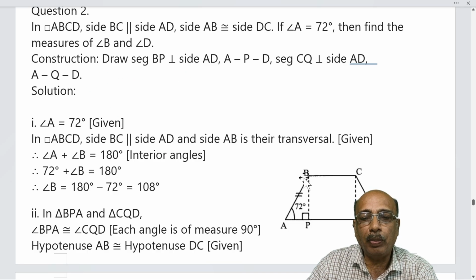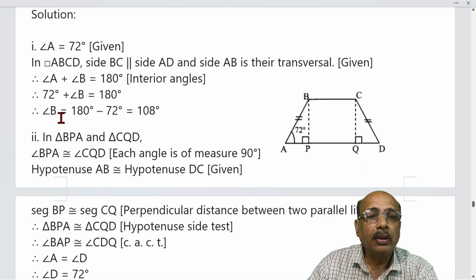Draw segment BP perpendicular to AD such that A-P-D and segment CQ perpendicular to AD such that A-Q-D.